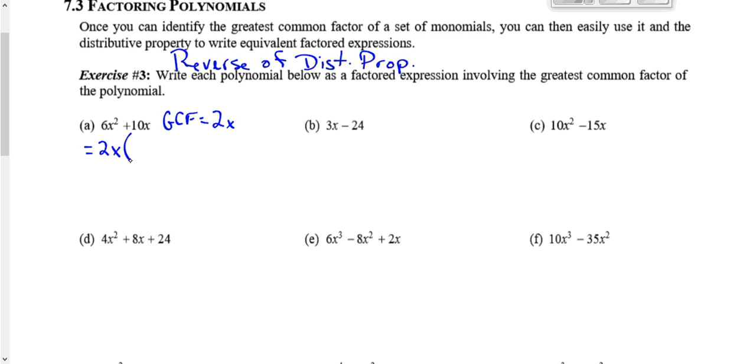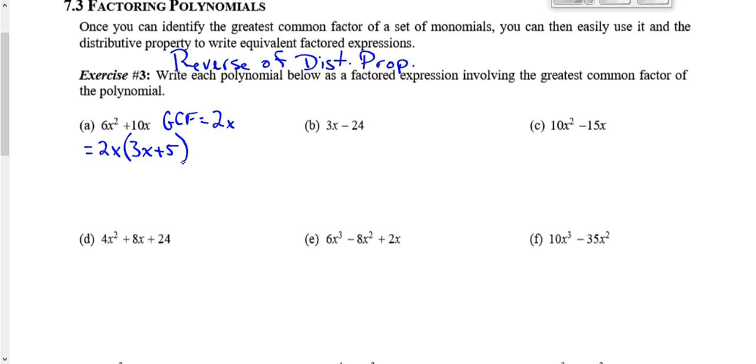What's 6 divided by 2? 3, and then x squared divided by x is x, okay, plus 10 divided by 2 is 5. And then the x divided by x just cancels out, right? It's just 1. So just think of it that yesterday, if I distribute this 2x, wouldn't I have the 6x squared plus 10x? Going the opposite way. All right?